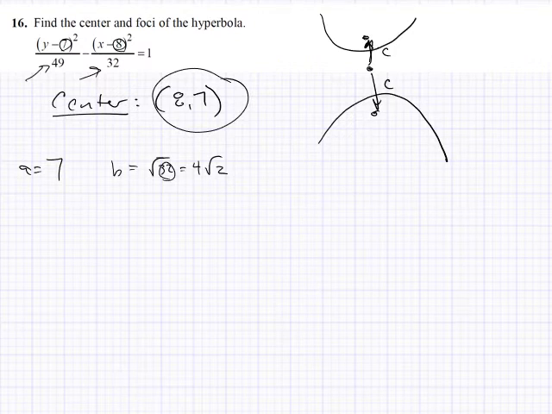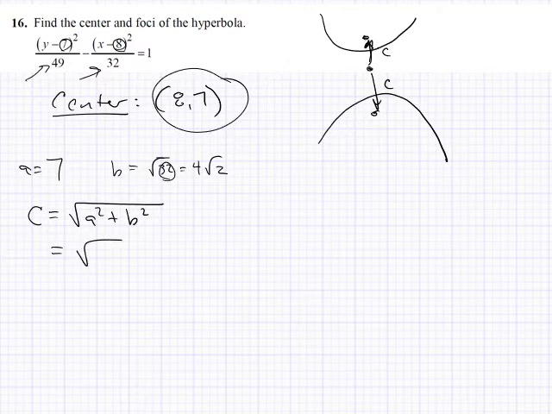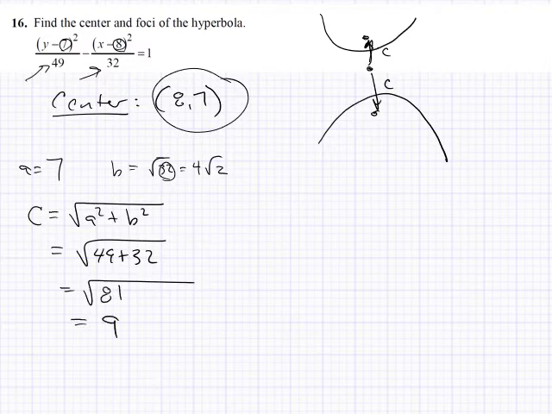And so C is always equal to the square root of A squared plus B squared. And so C would be the square root of 49 plus 32, and that would give me the square root of 81. So that's going to give me 9.